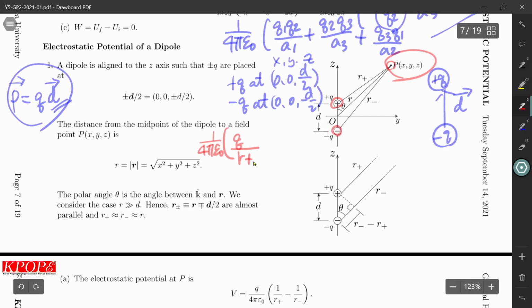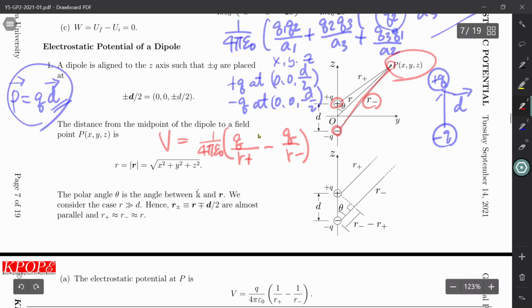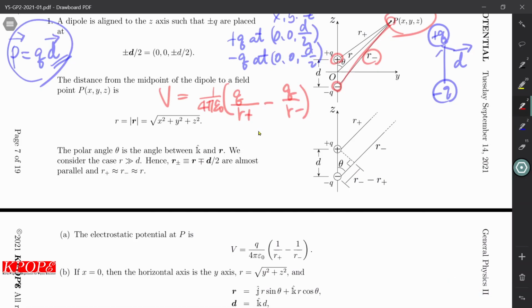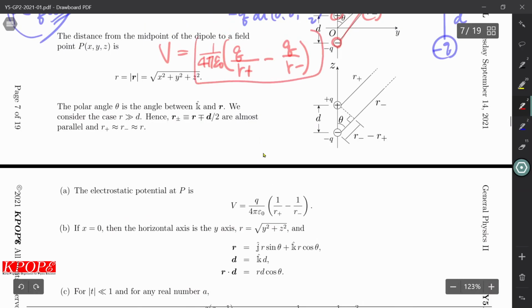And for the negative charge, minus Q, at distance R minus. This is the electrostatic potential of the whole system. So it is easier to compute than the electric field of the electric dipole system. Okay, this result is written in here.